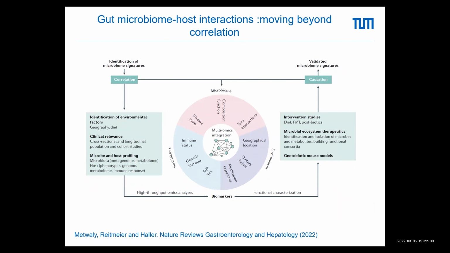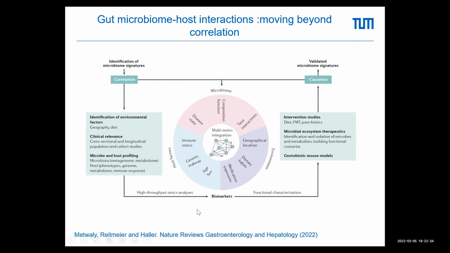And finally, just showing you this one summary scheme, which we also have in our recently published review in Nature Reviews. What we propose here is that we need to move beyond correlations to causation. To do that, we need to start from patient cohorts, from large population studies, to do microbe and host profiling.